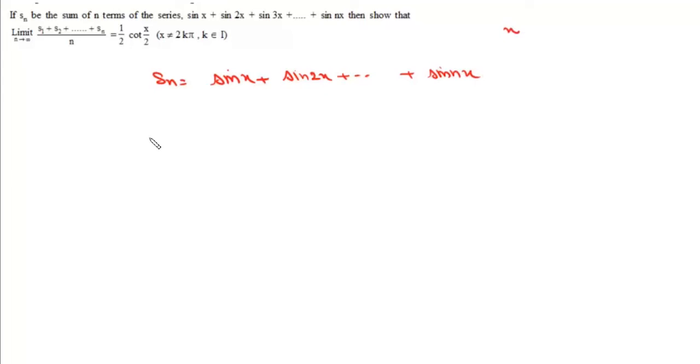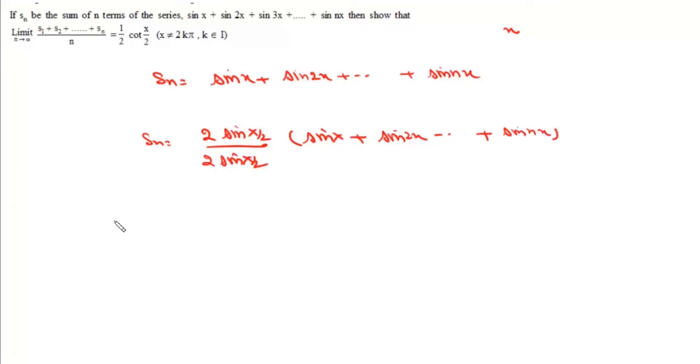So what we'll do is we'll multiply and divide it with 2 sin x by 2. So it'll be 2 sin x by 2 and then sin x plus sin 2x up to sin nx.